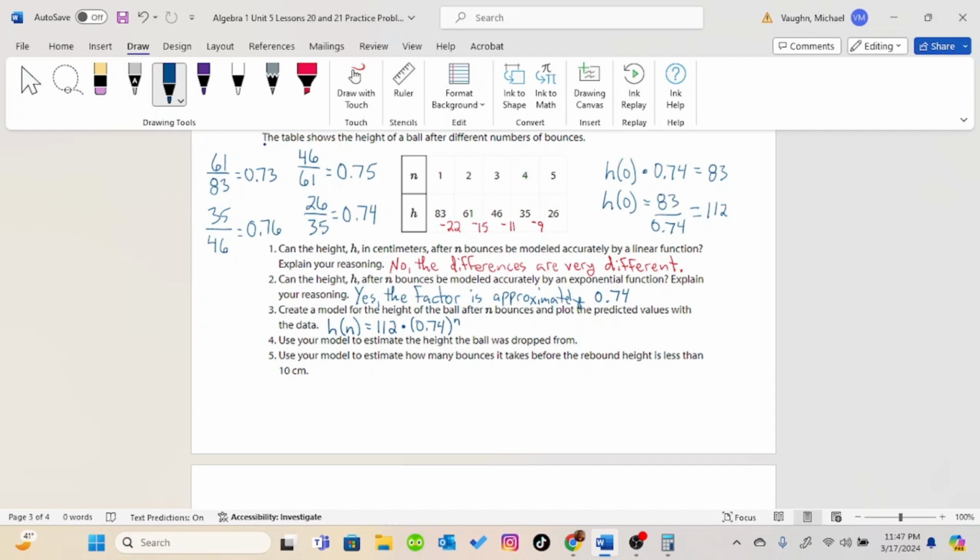Number 4 says use your model to estimate the height the ball was dropped from. Well, that would be the number that's by itself. So that would be 112 centimeters.